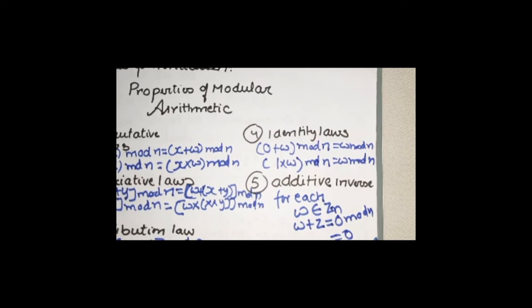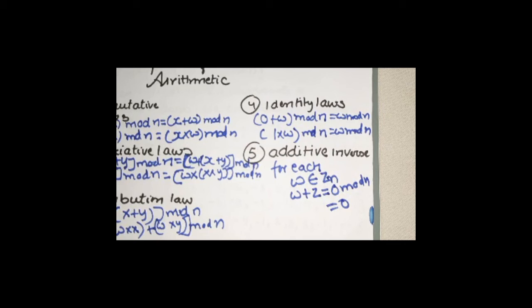Okay, this is a little different. Now I am saying that W belongs to a set of elements Zn, such that there should also exist a Z such that W plus Z is equal to 0 mod n.